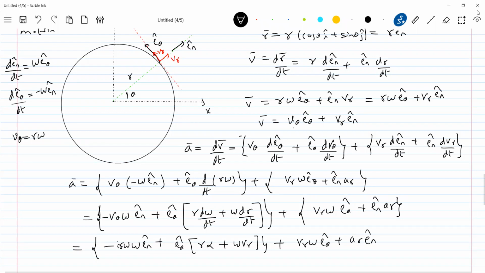How many terms are there? 1, 2, 3, 4, 5. Shall I scroll up? Just use T once, all of you, because I'll scroll down. V theta is substituted R omega. Just symbols may cause confusion.